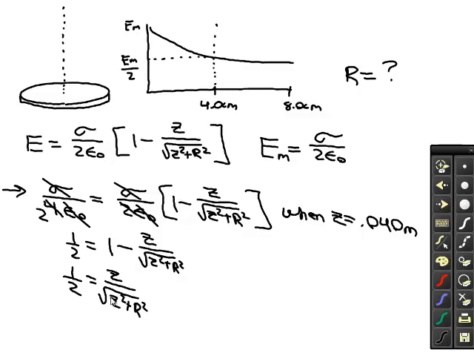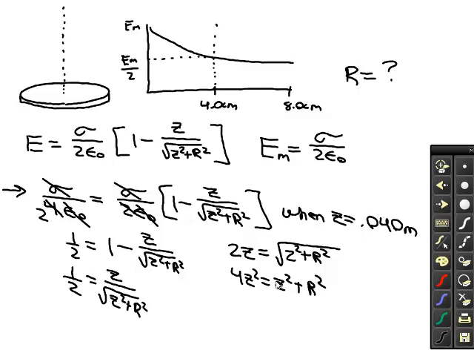If we cross multiply this, I have 2z equals the square root of z squared plus r squared. If I square both sides, I have 4z squared equals z squared plus r squared.